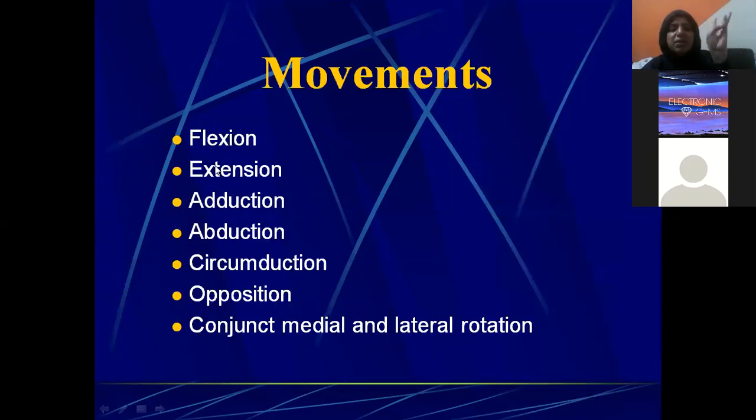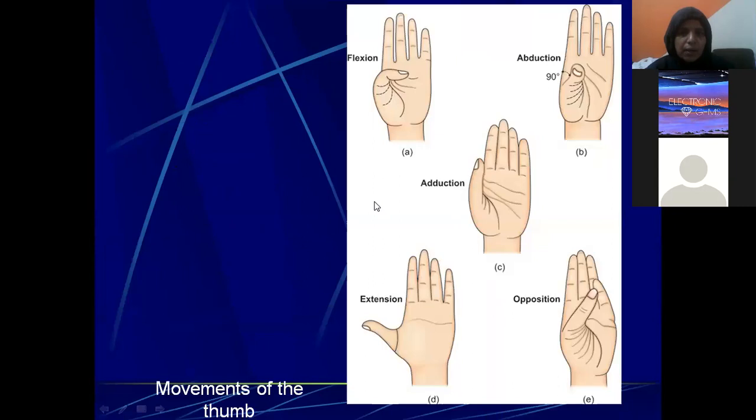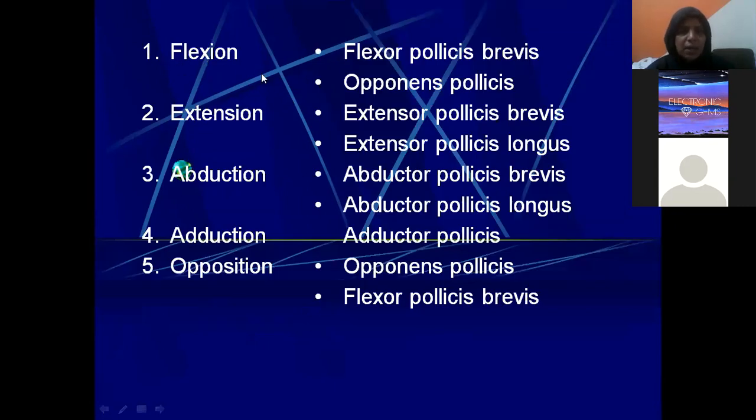Movements are very easy: flexion, extension, adduction, abduction, circumduction, opposition. Everything is shown, in fact, including conjunct medial and lateral rotation. All movements are shown here. But before that, just see. Flexion: flexor muscles, like that you remember. Flexor pollicis brevis, opponens pollicis. Extension: extensor pollicis brevis and longus.